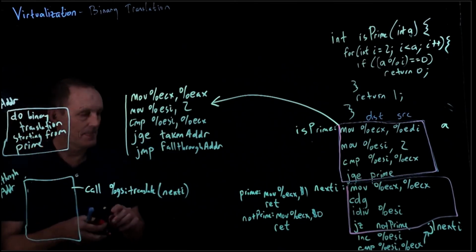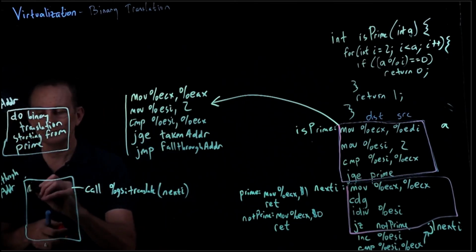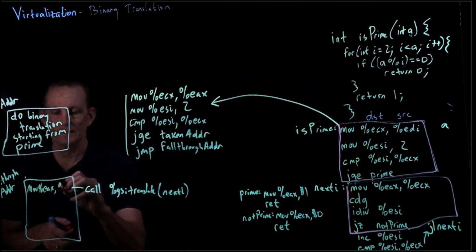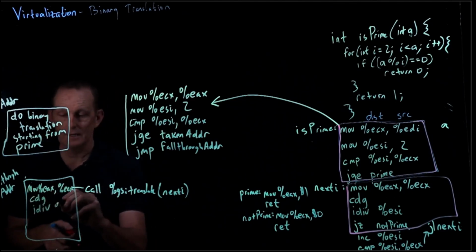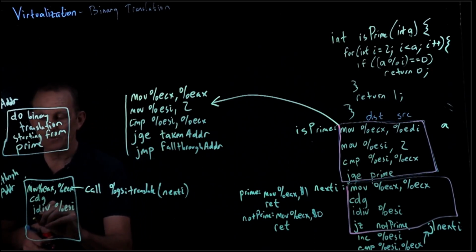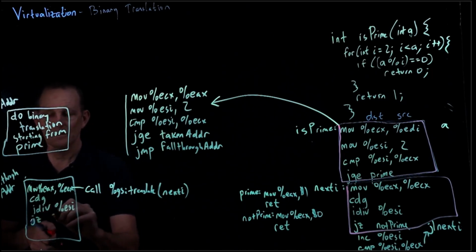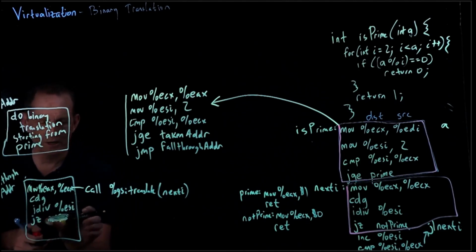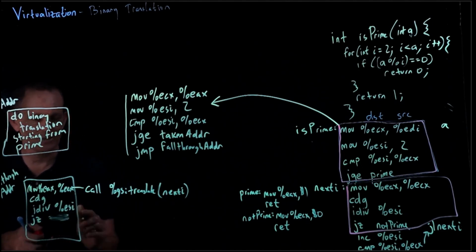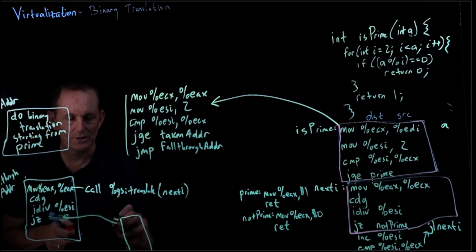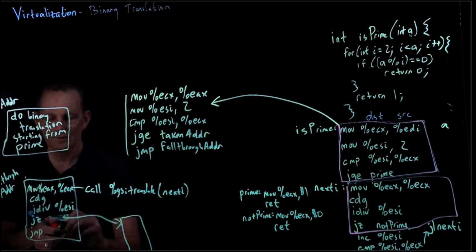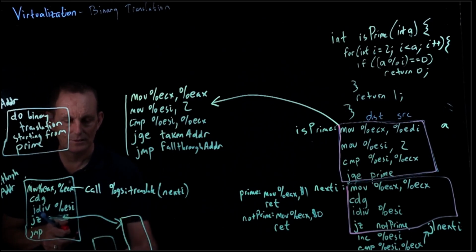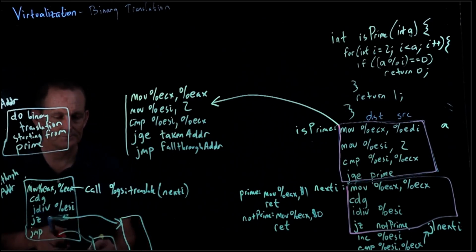So this will be move EAX, ECX, CDQ, IDIV ESI, jump 0, not prime. So this would be jump 0, and I'm going to put the actual, so jump 0 to here, and then otherwise jump to some new one here.